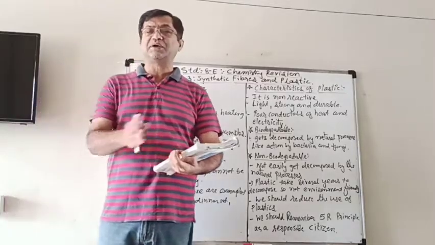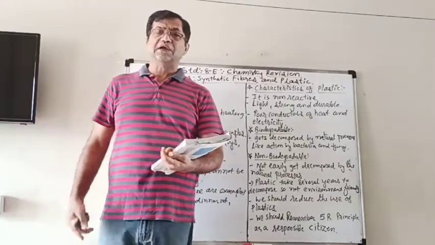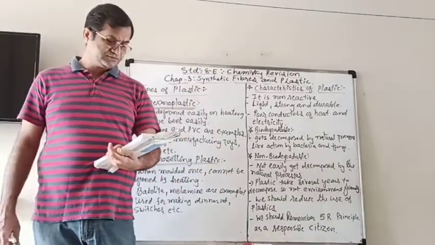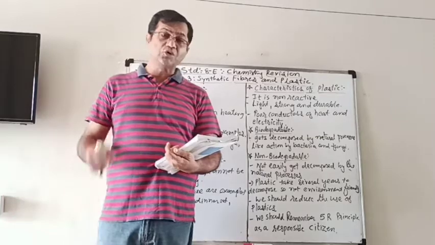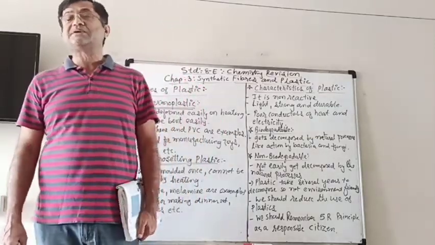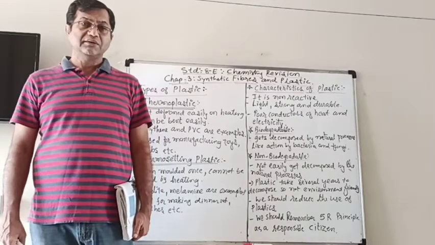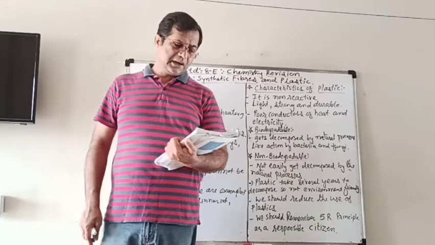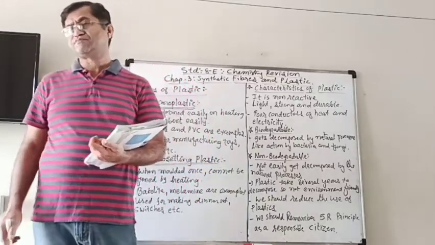Price is cheaper than the metallic containers. They are cheaper. Similarly, they have good strength also, and we can handle them easily. And therefore, in place of metals, plastics are used.